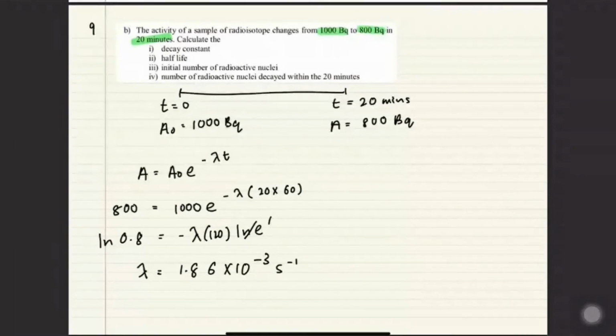Ni bukan 120 kan, 1200. Sebab 1200, so saya dapat 10 negative 4. Okay, so if you press again, you should get the same. Very good. Okay, that one's for 1.